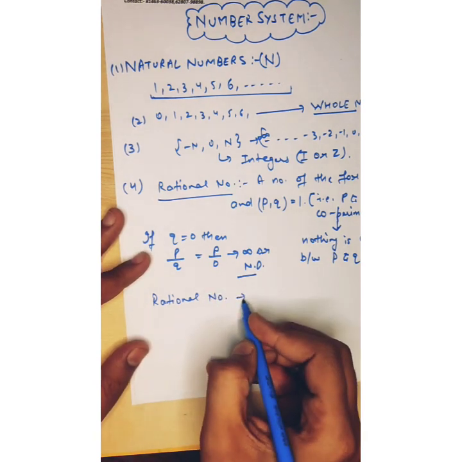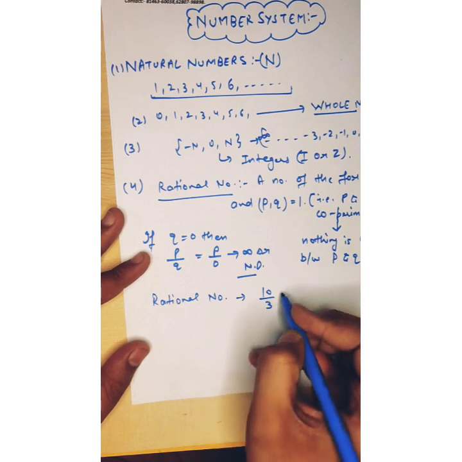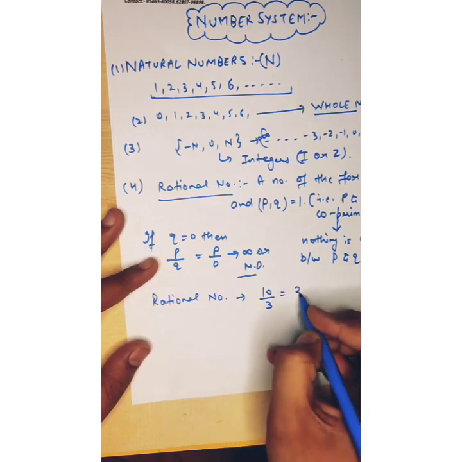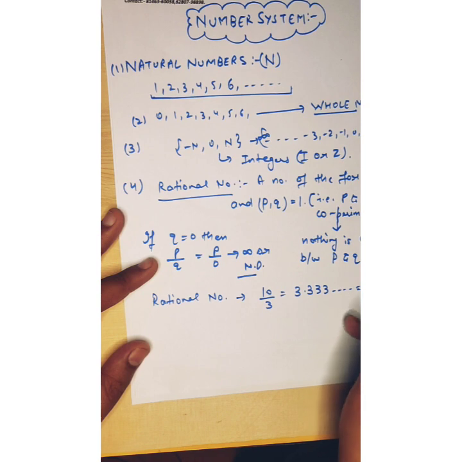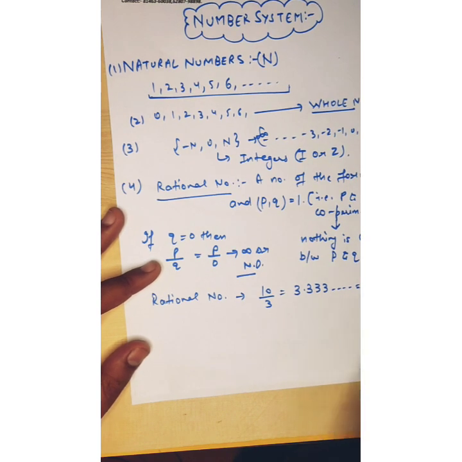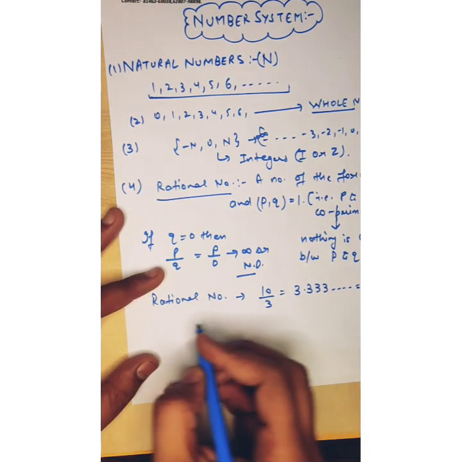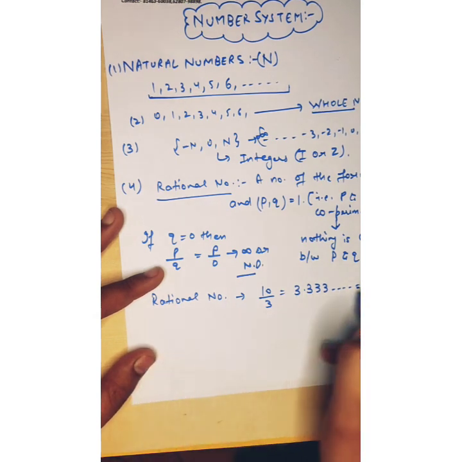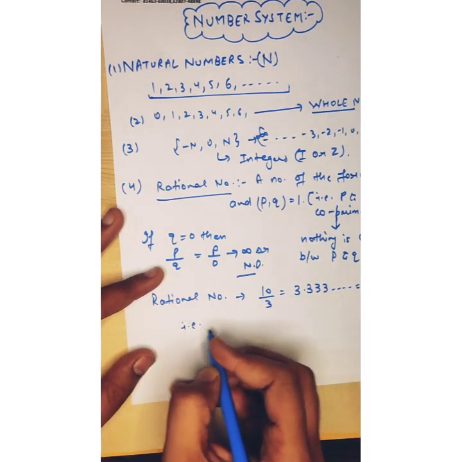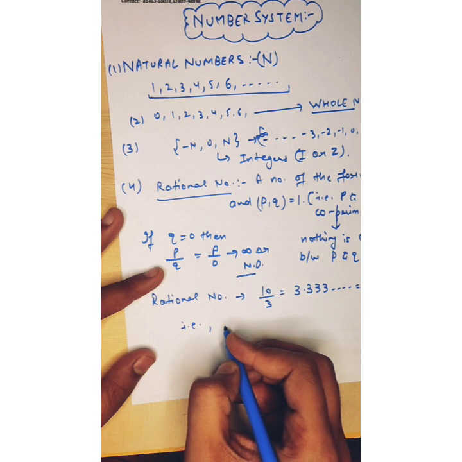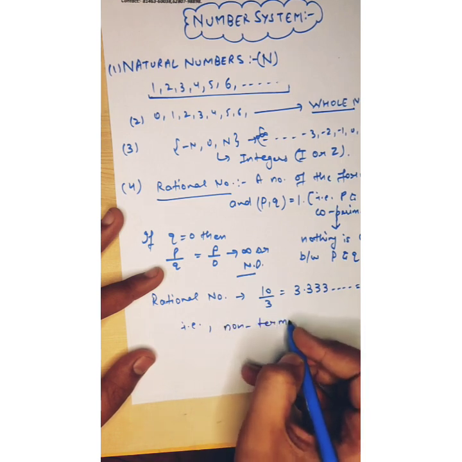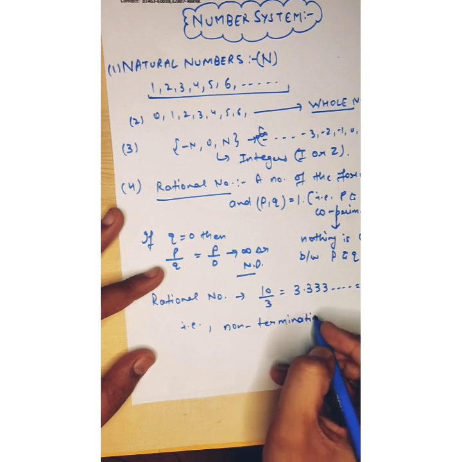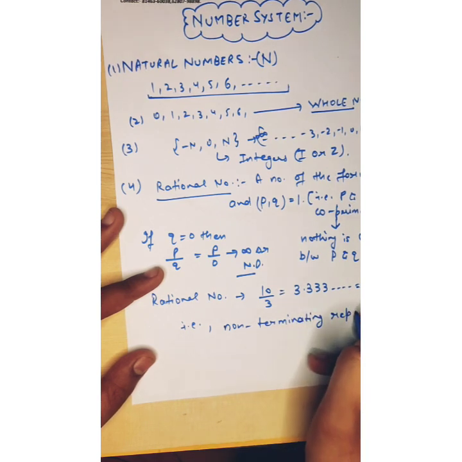Now rational numbers are also defined in decimal form. If I say 10 upon 3, the decimal expansion of 10 upon 3 is 3.333 and so on, like 3.3 bar, that is, 3 is repeated infinite times. That is a decimal expansion which is non-terminating repeating.